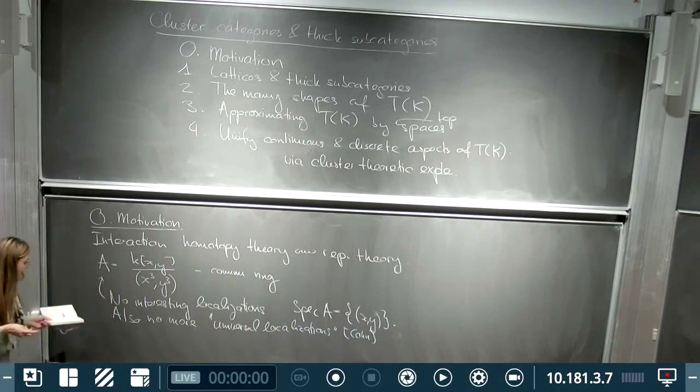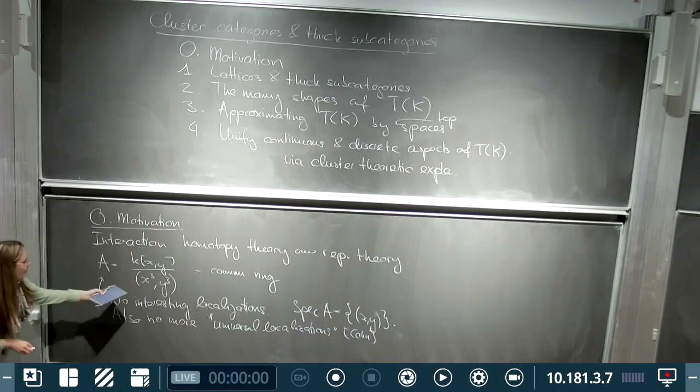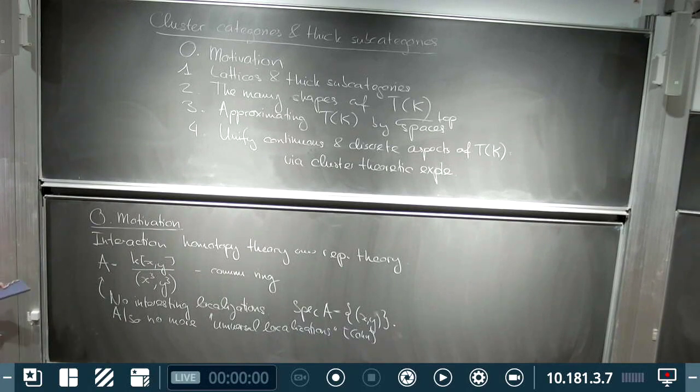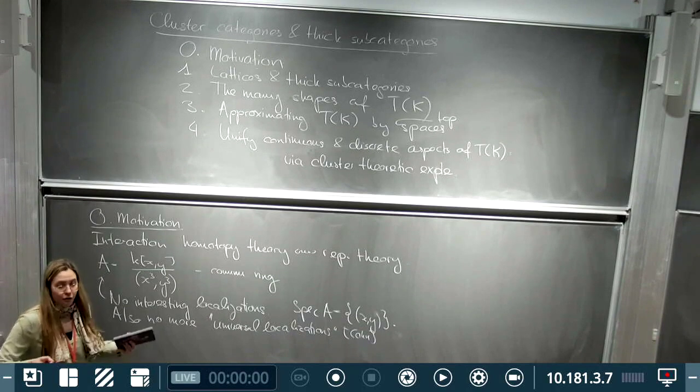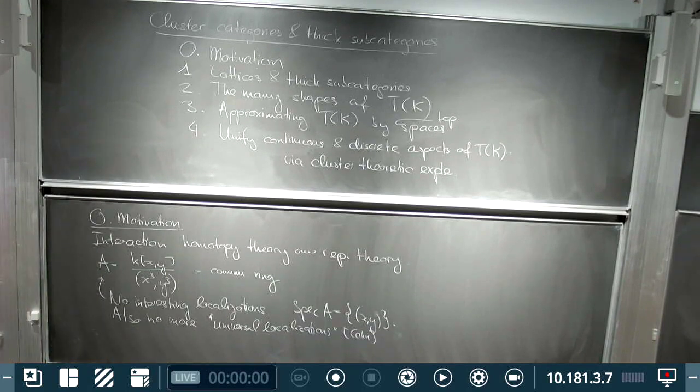Still, you can't really do that, because if you wanted that, any universal localization in this sense should give you a localization of Perf(A), the category of perfect complexes, the perfect derived category of A, yeah?